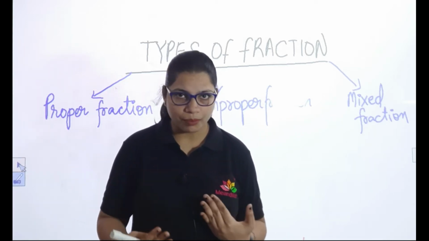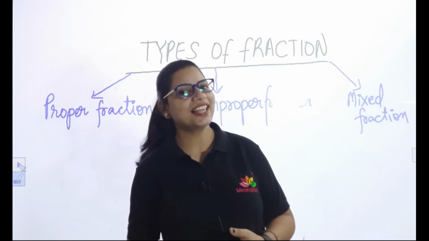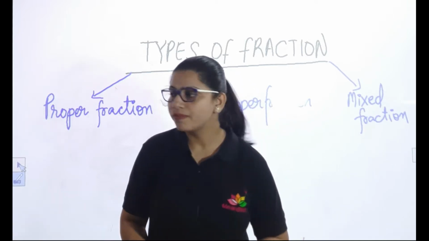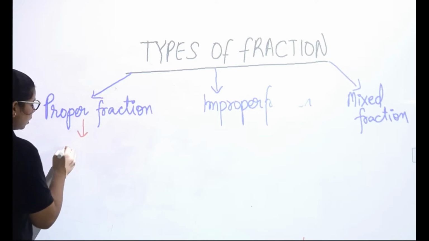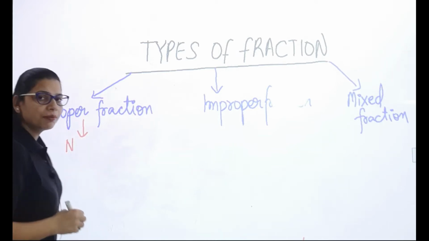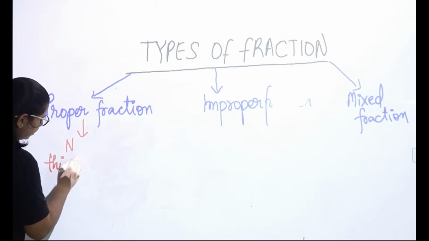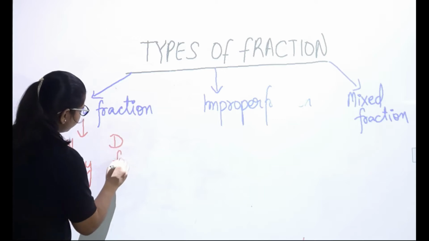So this type of combination, where the fat boy is downwards and the thin boy is upwards, is a type of proper fraction. In proper fractions the numerator is the thin boy and the denominator is the fat boy.